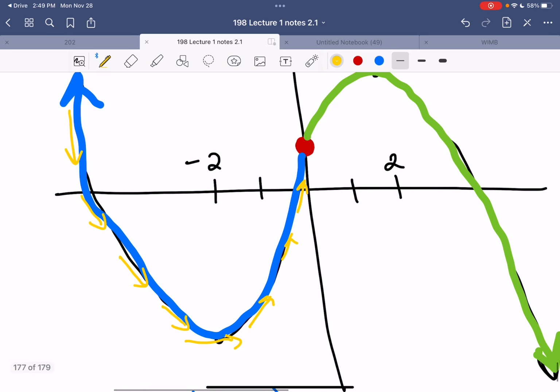Now, the first thing you may notice is that they don't all point down and they don't all point up. You've got some up and some down. So the positive-negative relationship that we had from the first derivative and the increasing-decreasing is not going to be the same for concavity.